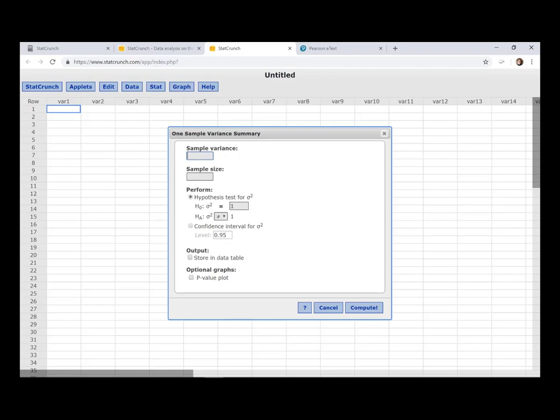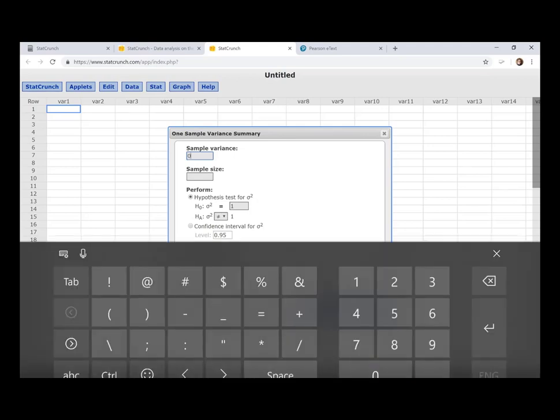I think so, because we're thinking it's equal to 0.17. Nope, it's going to be 0.17 squared. And that's going to be 0.0289. And our sample size was 27.